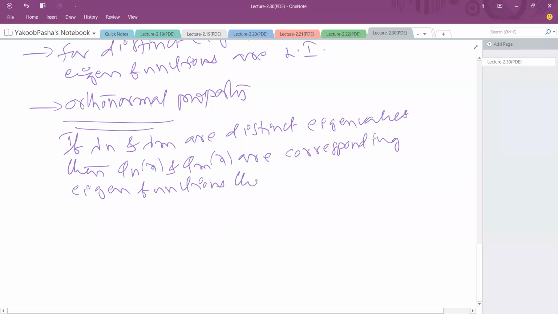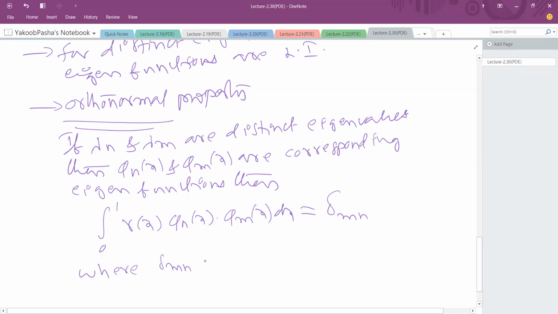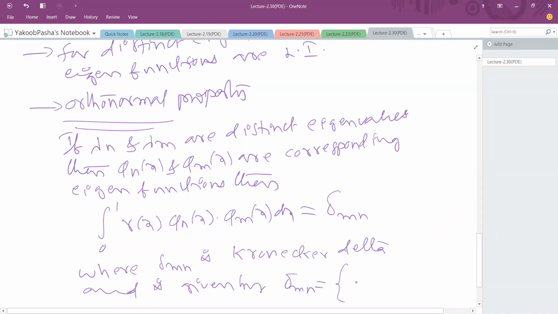Then the orthonormal property is that the integral from 0 to 1 of r of x times phi n of x times phi m of x dx is equal to delta mn, where delta mn is the Kronecker delta, named after the scientist Kronecker, and is given by delta mn equal to either 0 or 1.